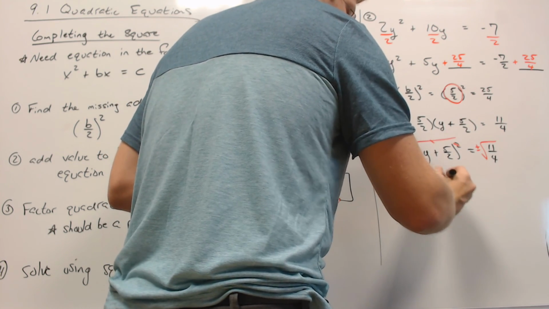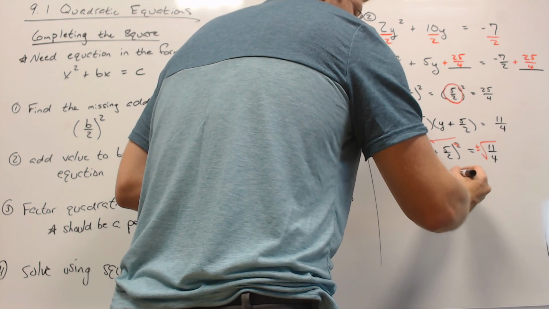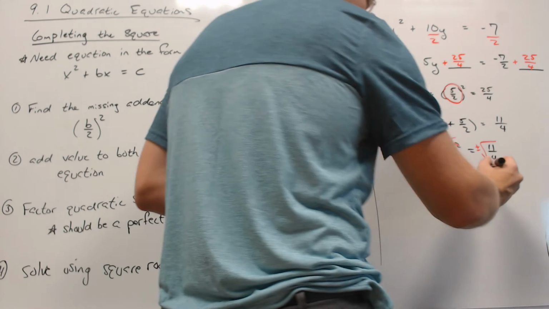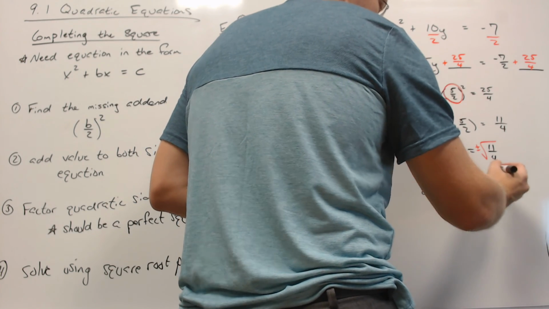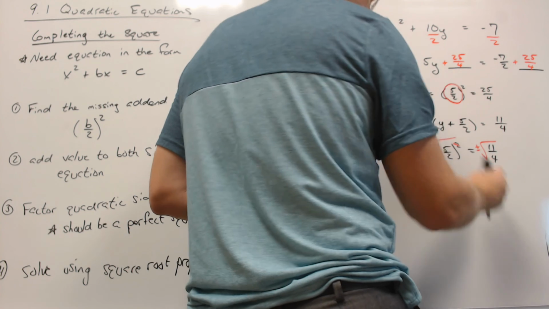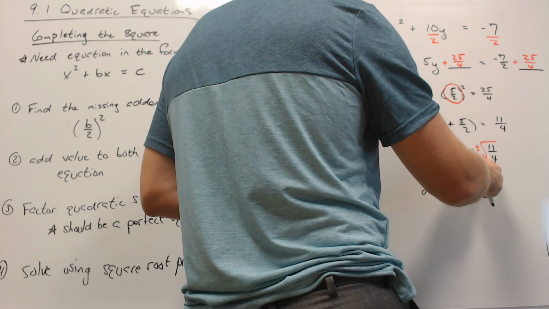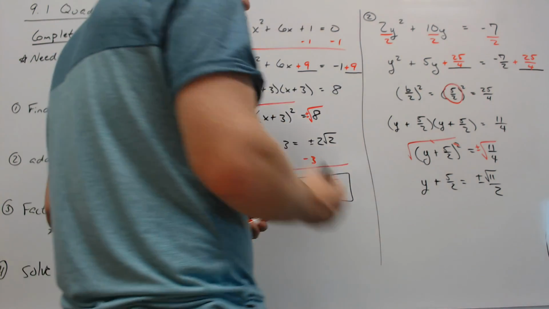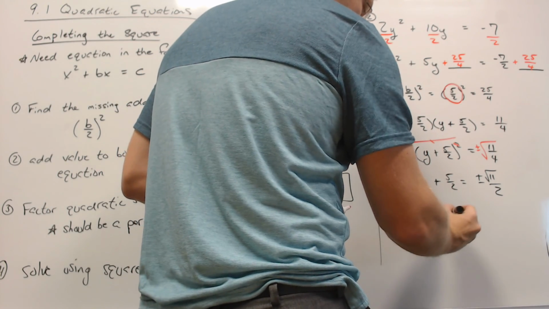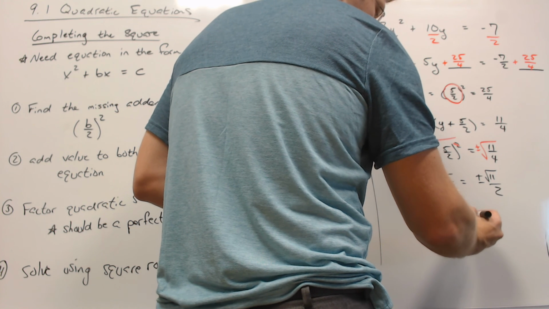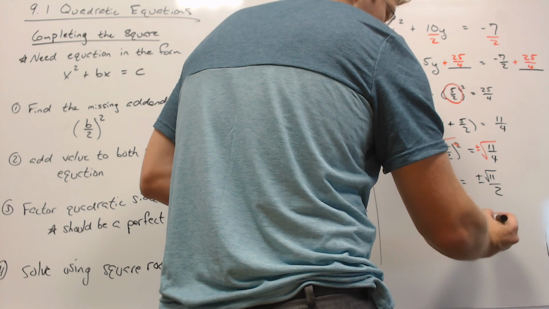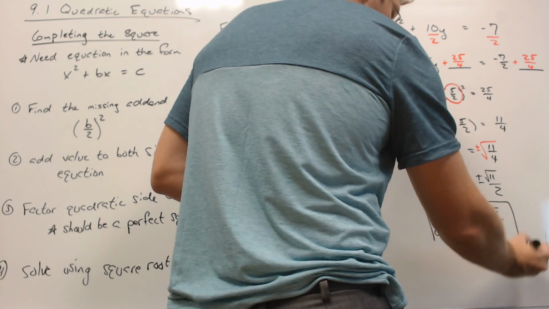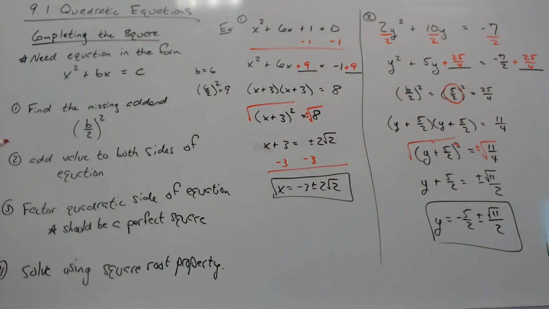We have y plus 5 over 2 is equal to plus or minus the square root of 11. I'm going to leave the square root of 11 on the top, but the square root of 4 I can reduce to just 2. And then solve for y. We can subtract the 5 over 2. And there's our two solutions from completing the square.